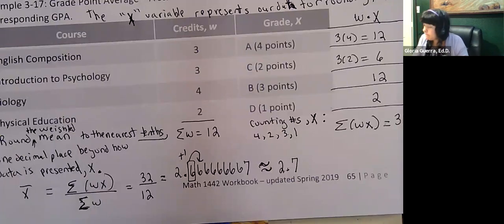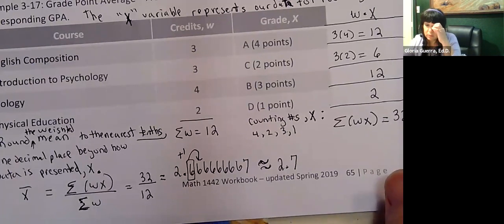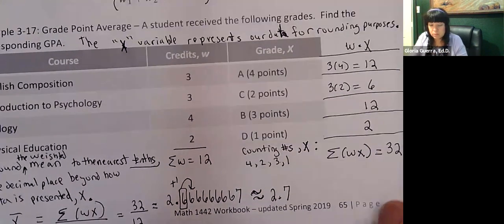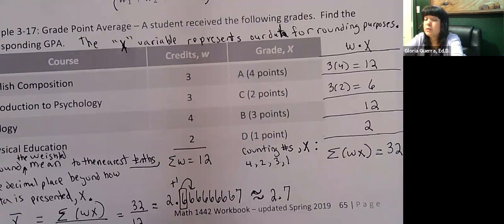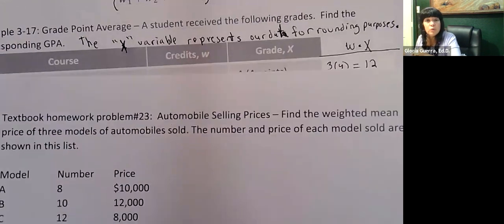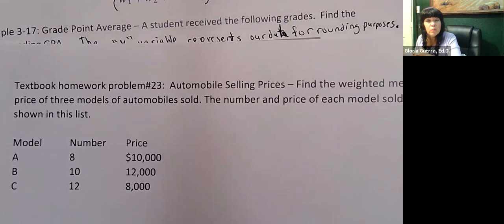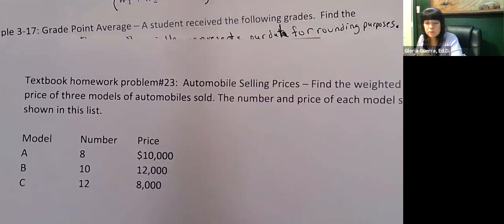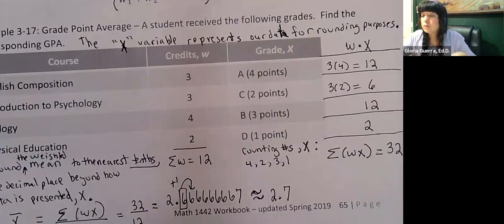Now I do have another weighted mean, one from your handout, the extra handout that I was talking about. There is also one that you could do on your own. This is also a weighted mean.